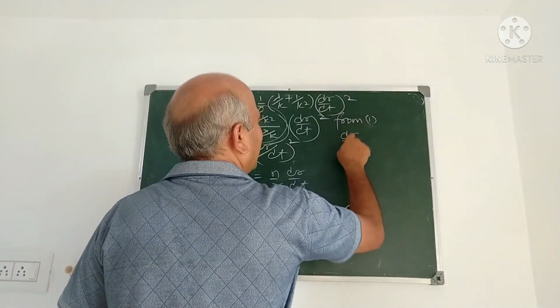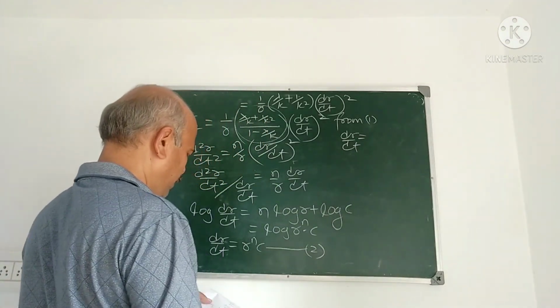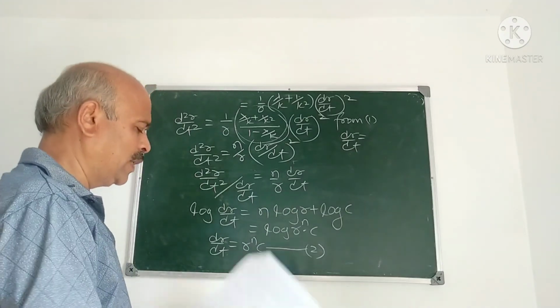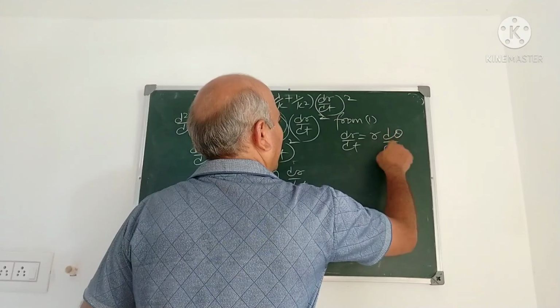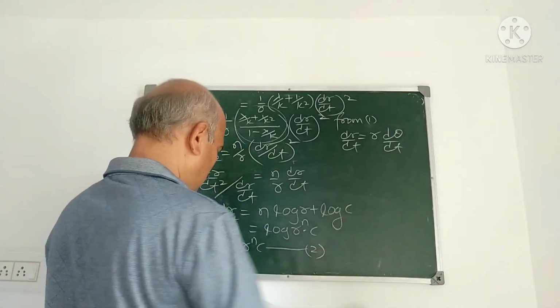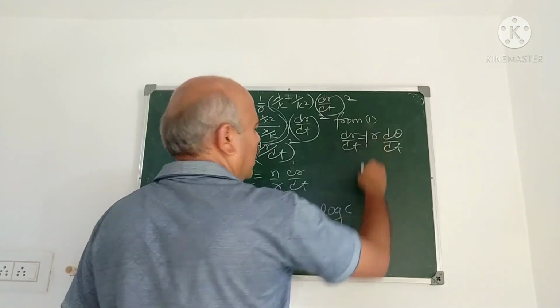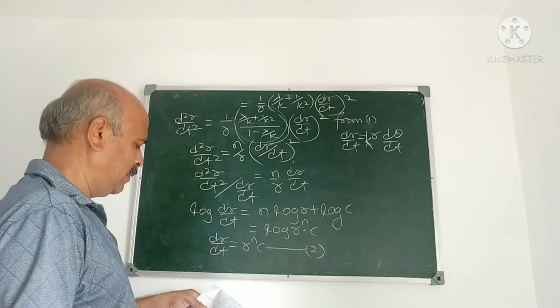what is dr by dt? Dr by dt is, what is 1? K r d theta by dt.